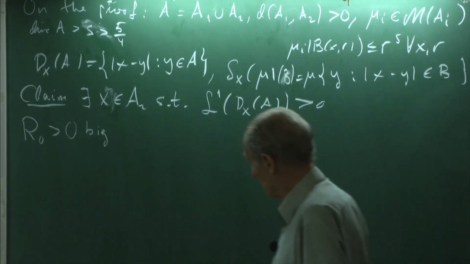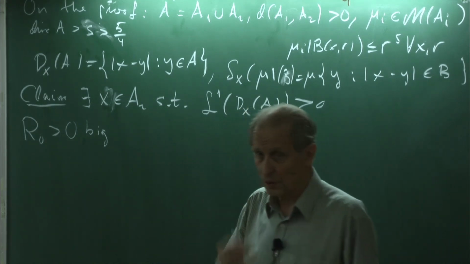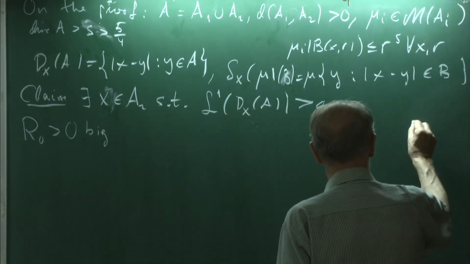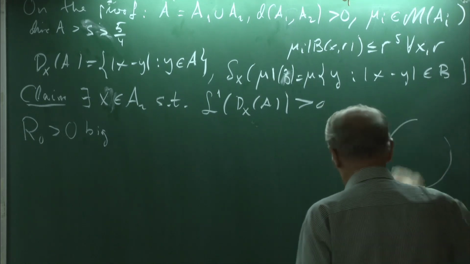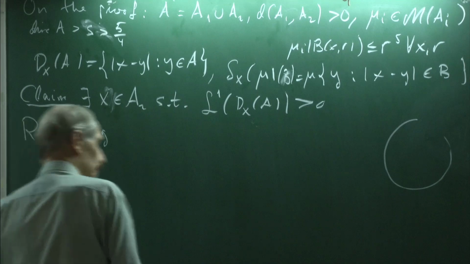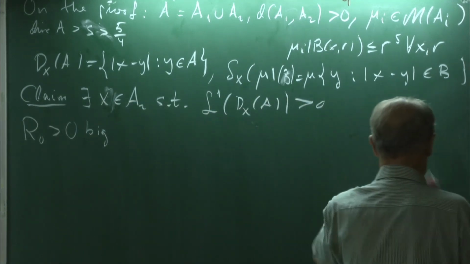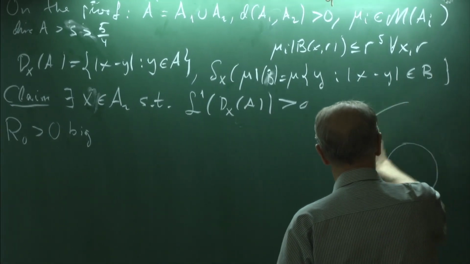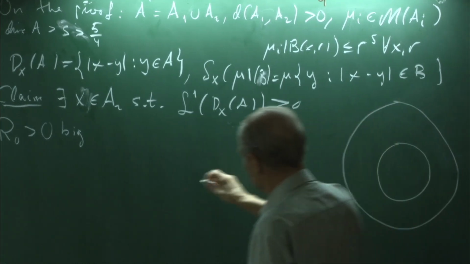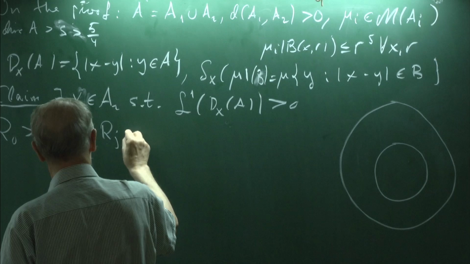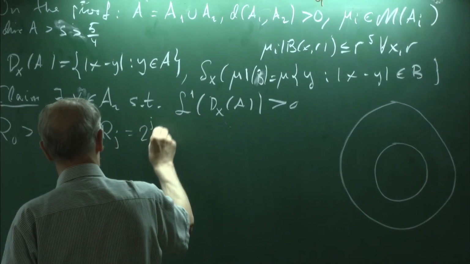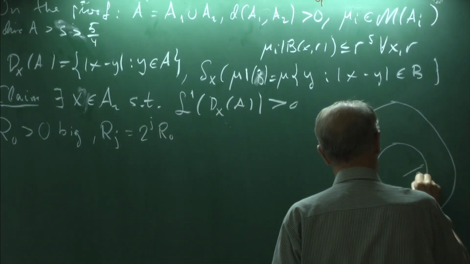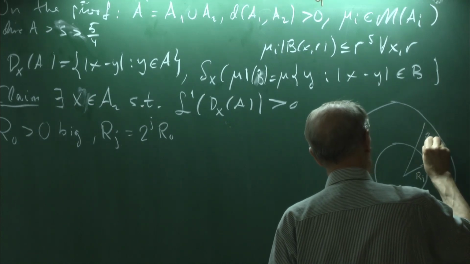And then there's first some kind of wave packet decomposition of this measure, which means that this is now on the Fourier side, you consider annuli. So you take a sequence of radii 2 to the j R0. So this is Rj and this is Rj plus 1.